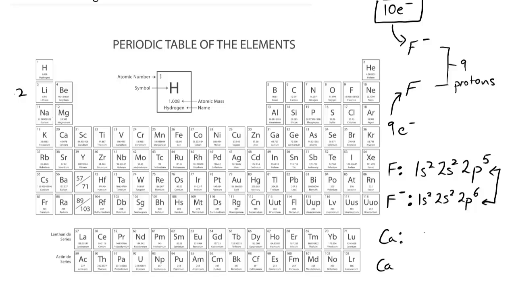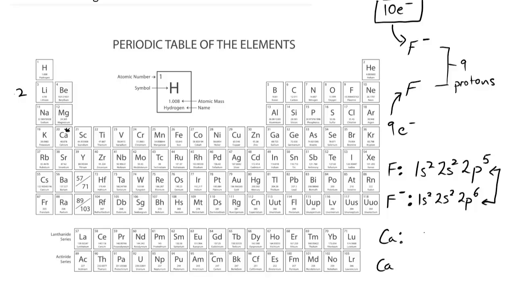If you look at where calcium is, it's right here. Calcium, to become stable, being a metal, wants to lose 2 electrons so it can behave more like argon.